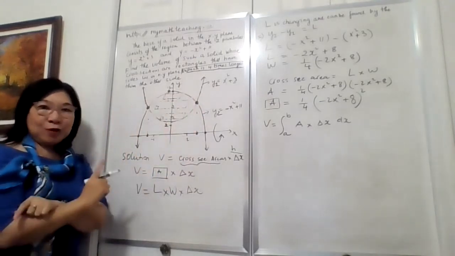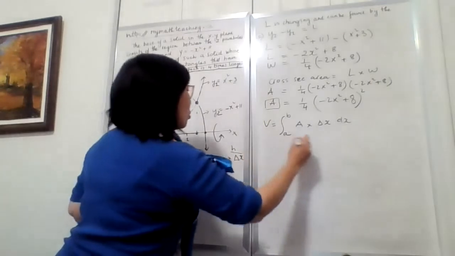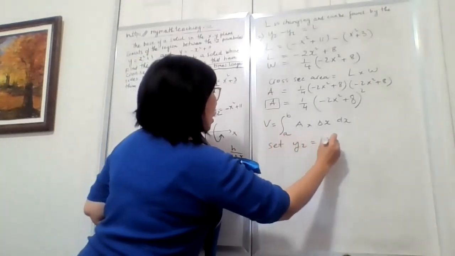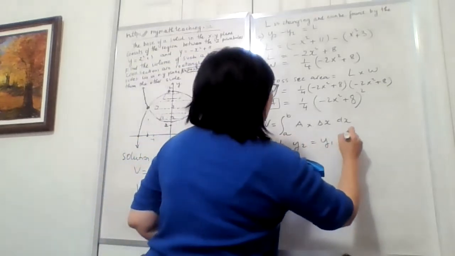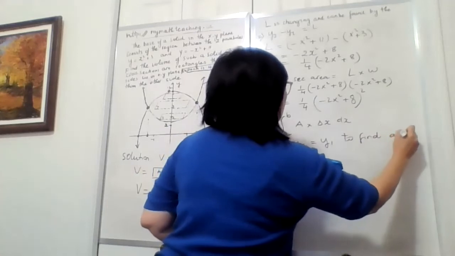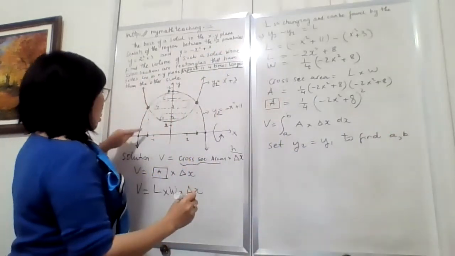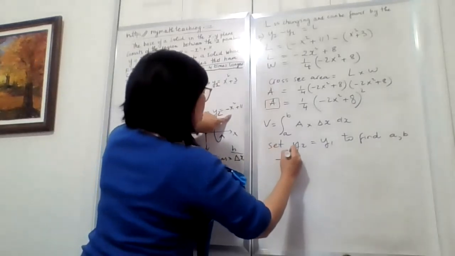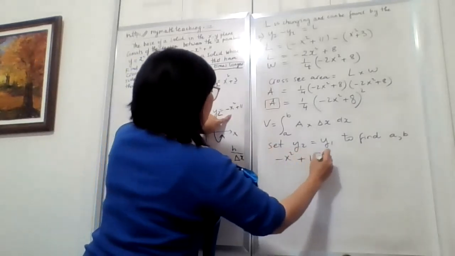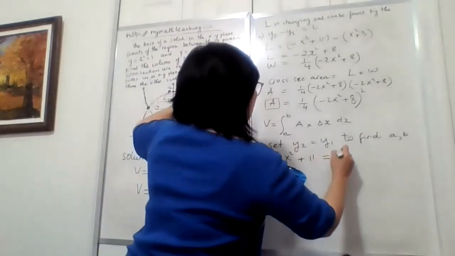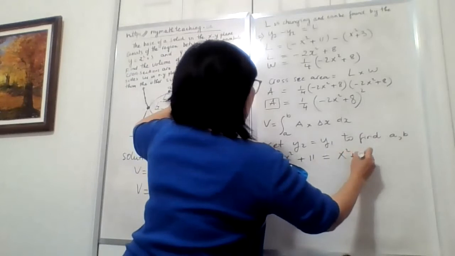So we're going to set y2 equal to y1 to find A and B, right? So what is our y2? Our y2 is minus x squared plus 11, which will be set equal to our y1, which is x plus 3.